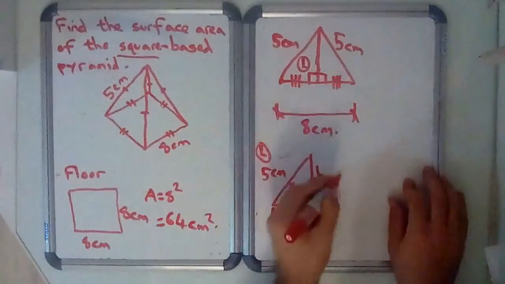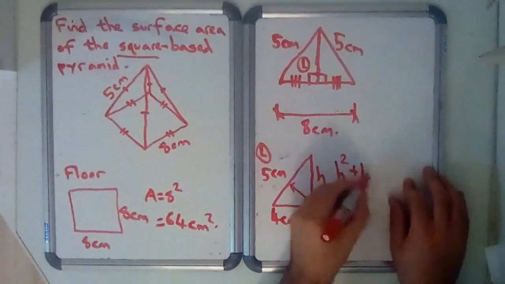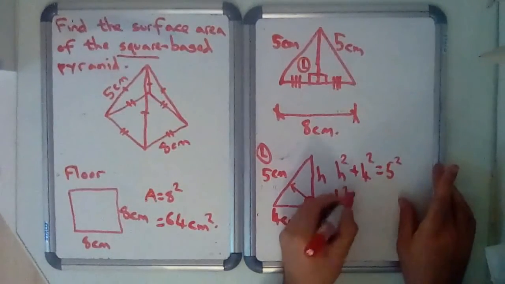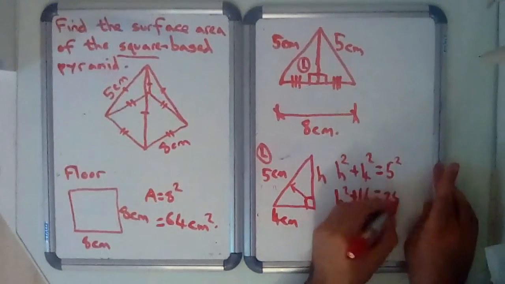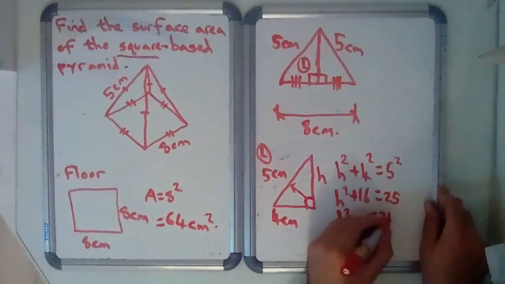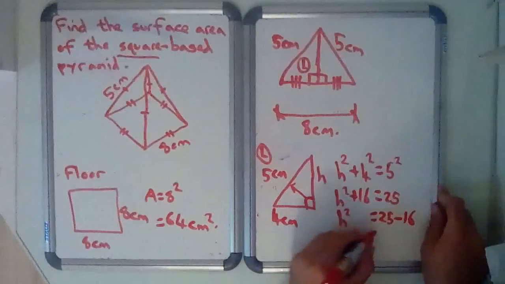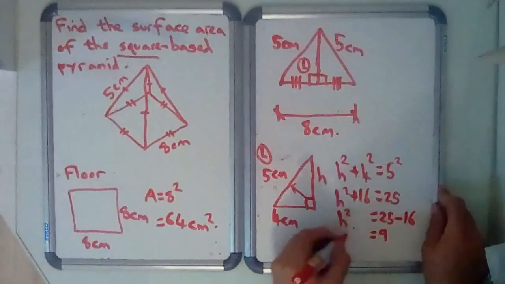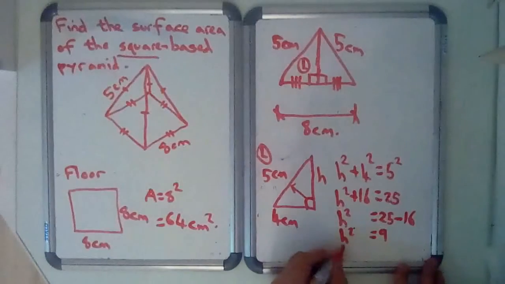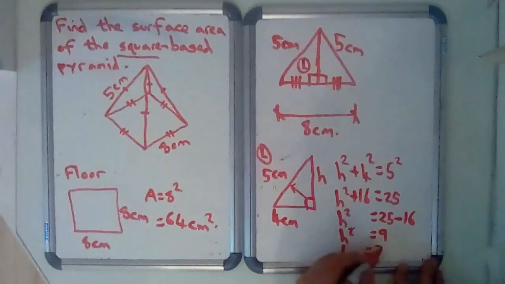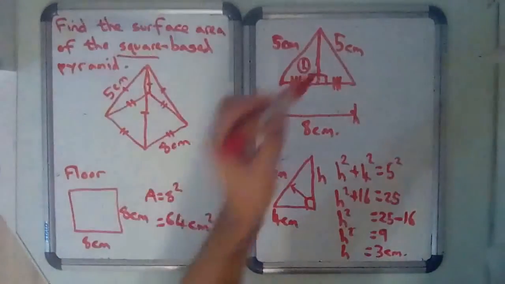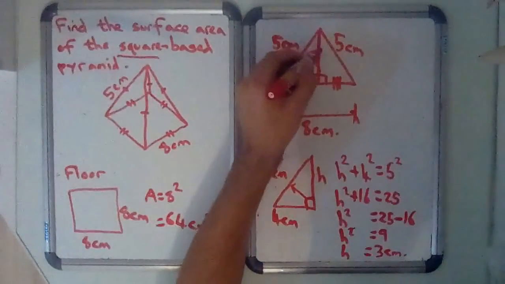So I'm going to write h squared plus 4 squared equals 5 squared. h squared plus 16 equals 25, so that means h squared, if we subtract 16 from both sides, equals 25 minus 16. 25 minus 16 is 9, so h squared equals 9. h equals the square root of 9, which is 3, so 3 squared is 9. h equals 3 cm.